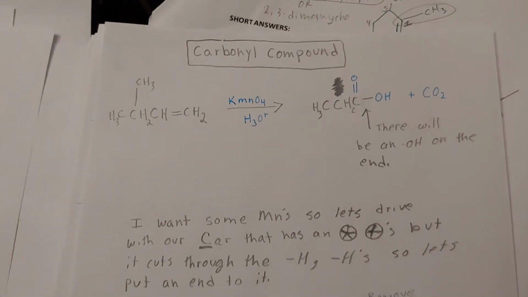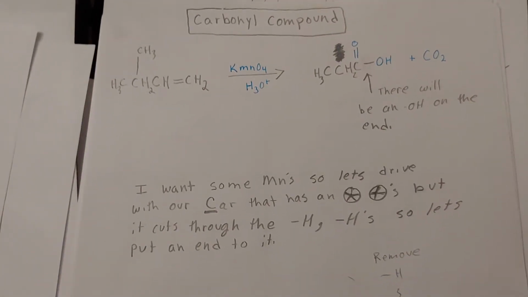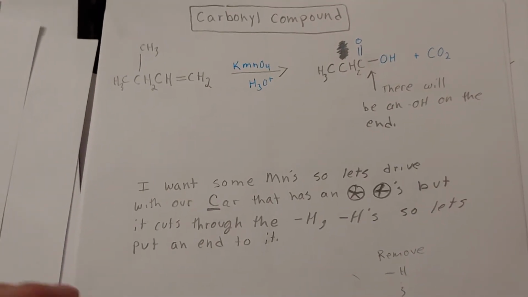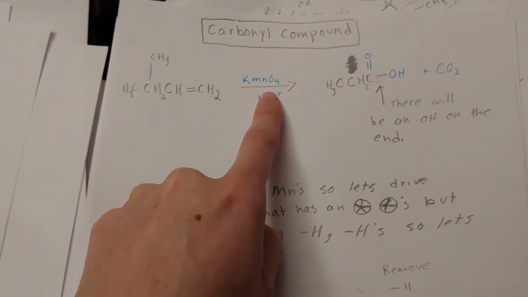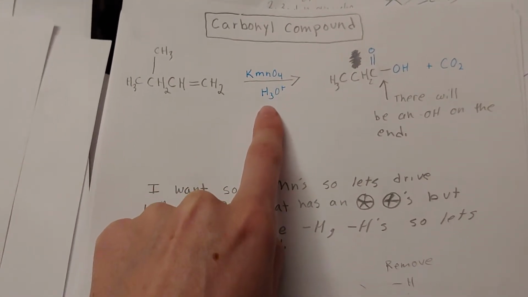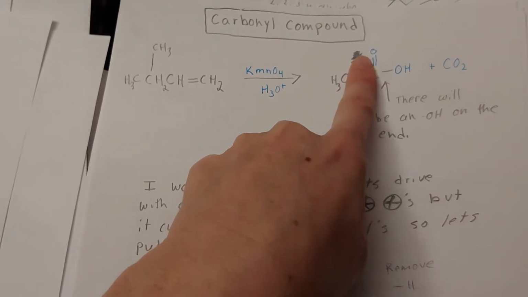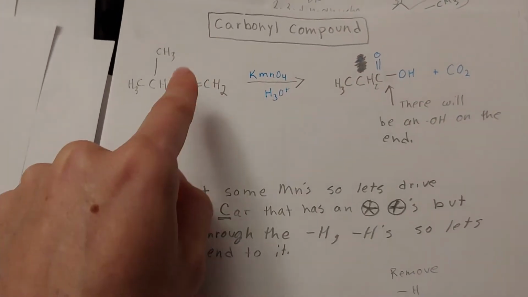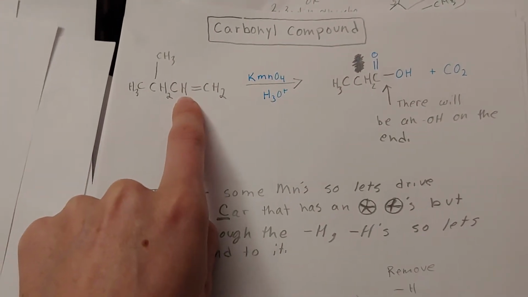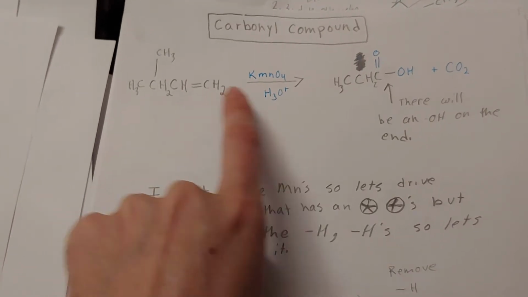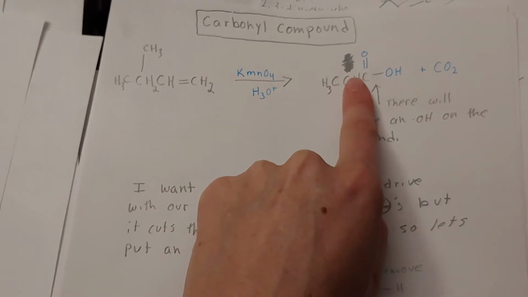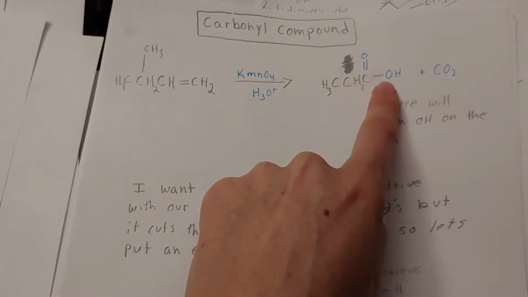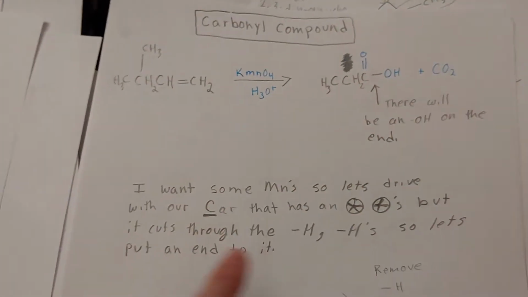Okay, so next one. So we have a carbonyl compound. Well, the way I'm going to remember is we have this weird M&M reaction. M&Ms. And over here, this is what happens. Well, first, I want you to notice this H goes away and one of these H's go away. So when that happens, we have this nice little reaction.